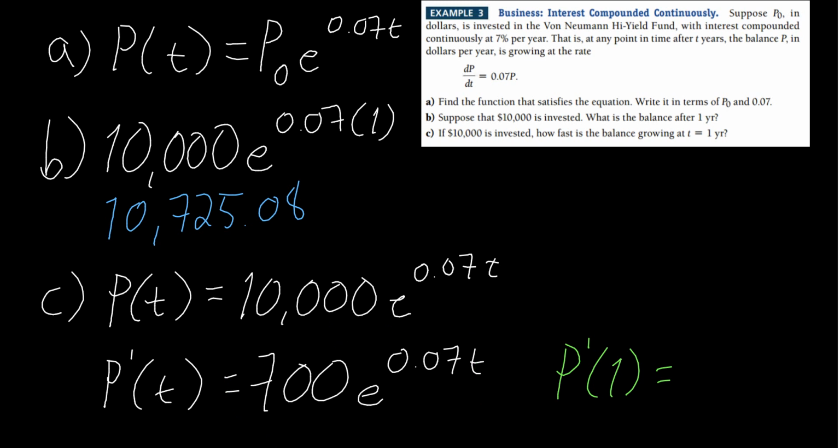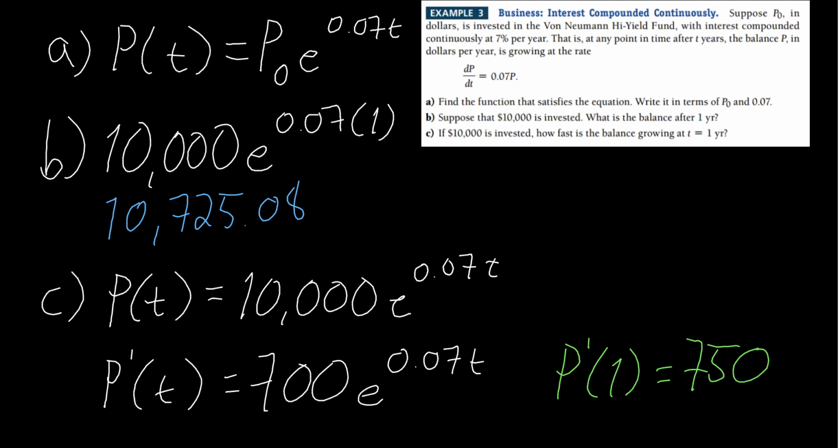So anyways, what is 700 times e raised to the 0.07? It's going to be 750. 0.76, we'll just do 750. So it's growing at a rate of $750 per year after 1 year.